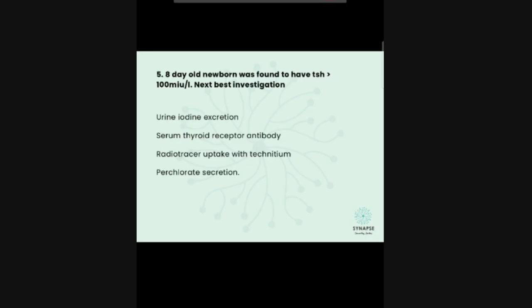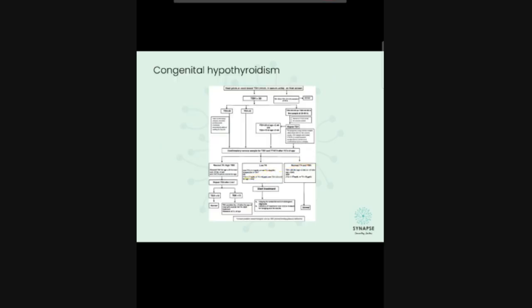For more than 2 weeks, if TSH is more than 10 international units per liter, we have to evaluate the child. Okay, next.